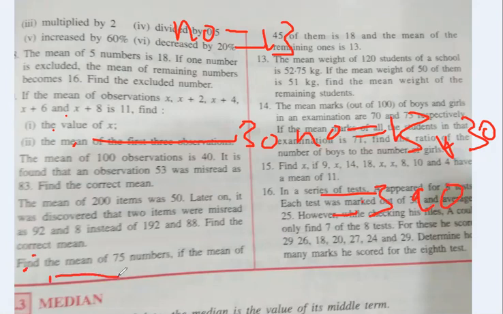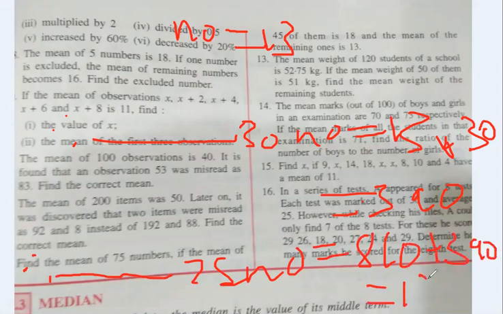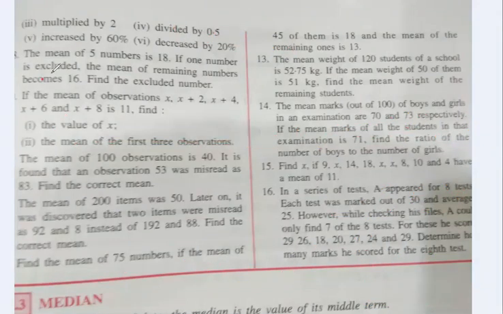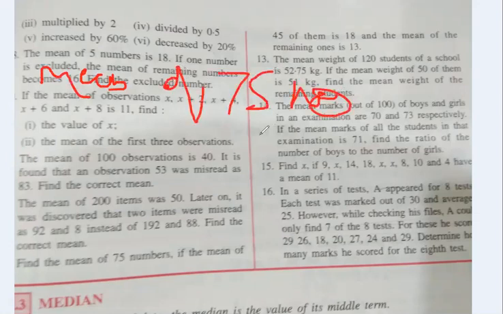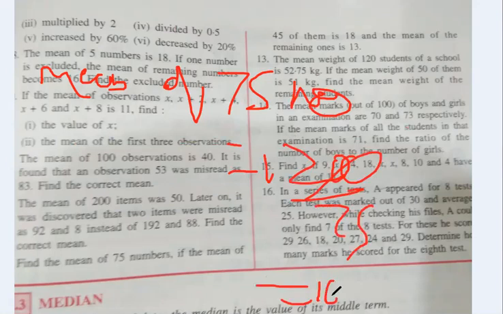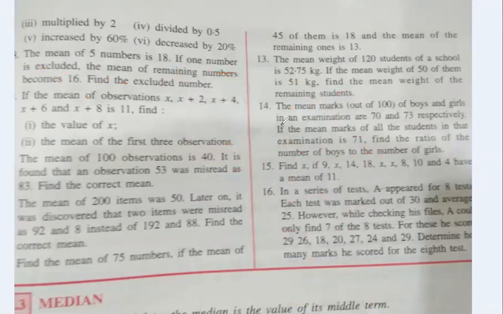Therefore, sum of all 75 numbers is equal to 810 plus 390 is equal to 1200. Mean of 75 numbers is equal to 1200 by 75, which gives the answer as 16.